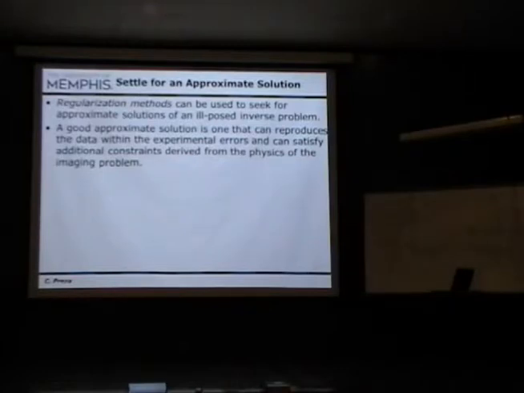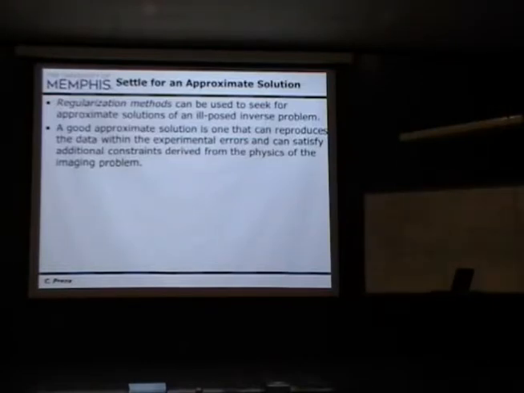You have to give a little to gain a lot, right? A good approximate solution is one that can reproduce the data. You have the measured data, remember, and we're developing models for the forward process. So if I have a solution that I can pass through my model and it reproduces the data, that's what I want. I want a solution that has that property.